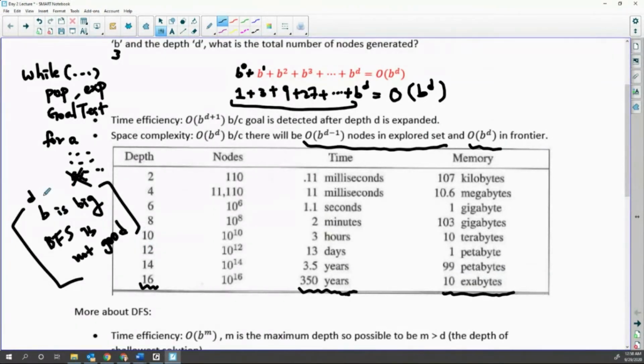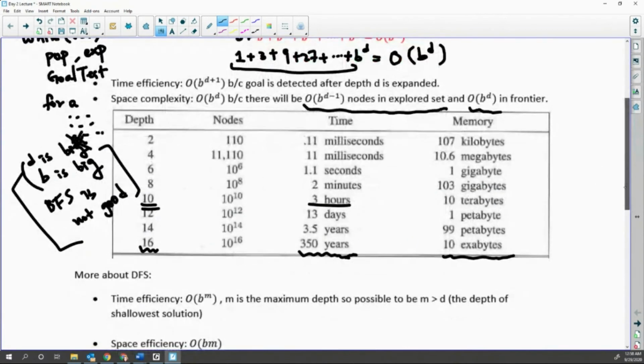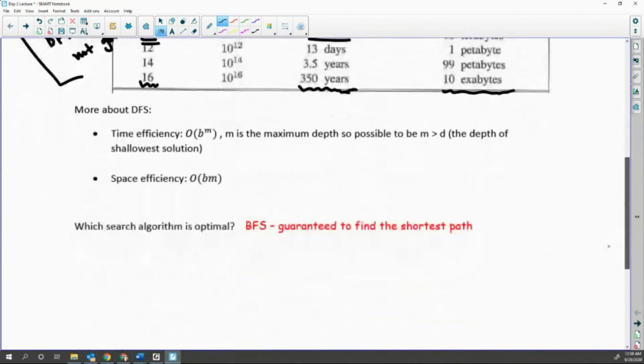And also when the depth is big, BFS is not good. Even in this case, with depth only 10, it takes 3 hours if the branch factor is 10. Now let's see here.